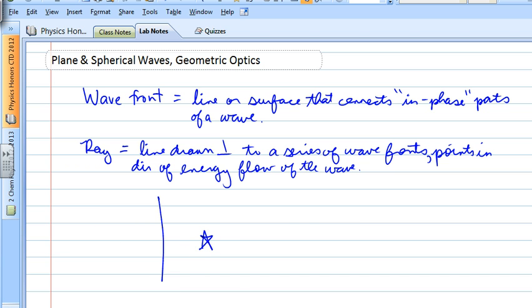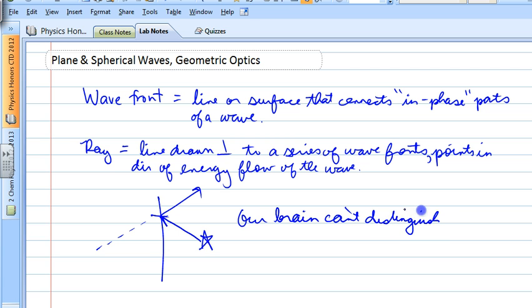It looks like if a light ray hits that mirror and bounces off, it came from behind the mirror. The point is that our brain can't distinguish between real and virtual images.